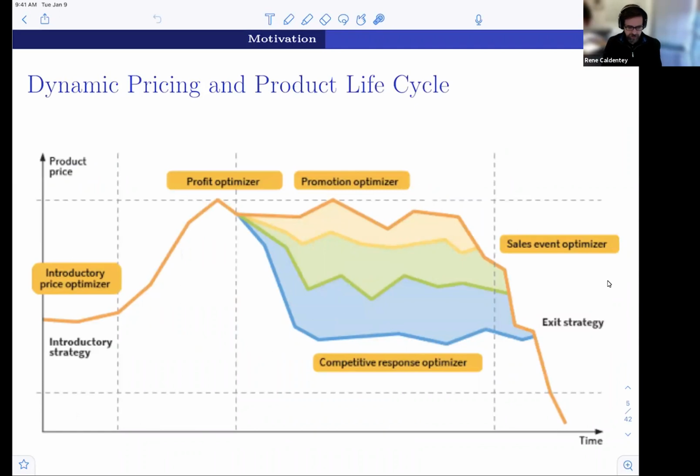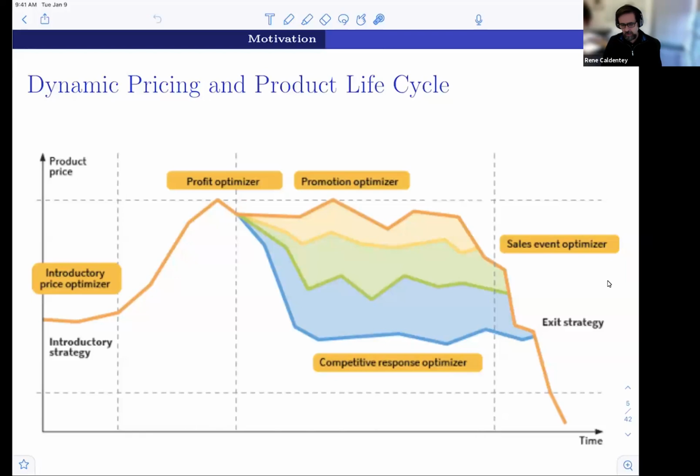There's this introductory price here, which is a low price, and in many cases this has to do with the fact that you're trying to introduce a new product in the market, and you're trying to offer some promotions, attract customers, and speed up the natural diffusion process, word of mouth, that goes with the introduction of new products, by offering a low price at the beginning. But then eventually this product will reach a certain level of maturity where you're trying to optimize profits. And so there's this profit-optimizing price that you're going to be setting for some time.